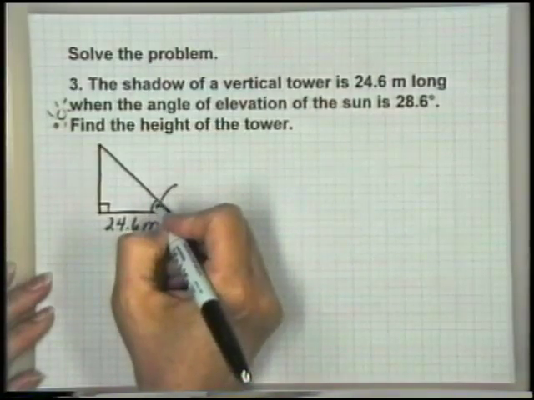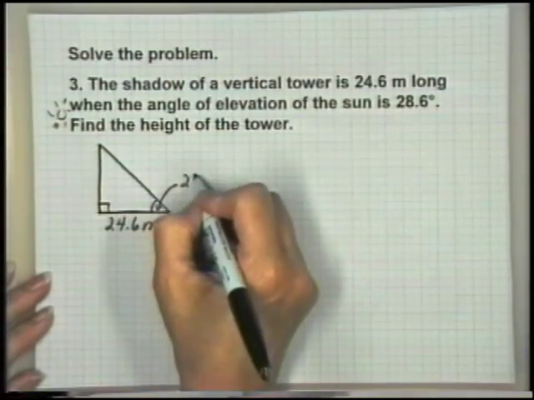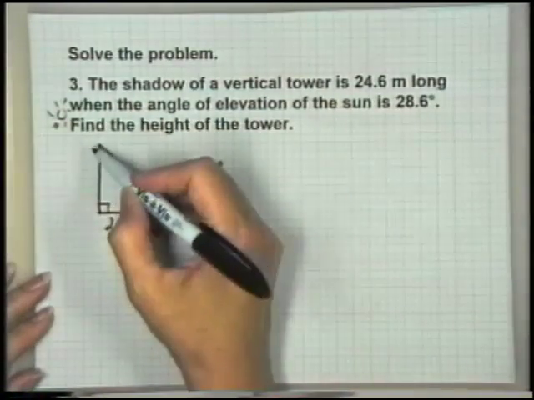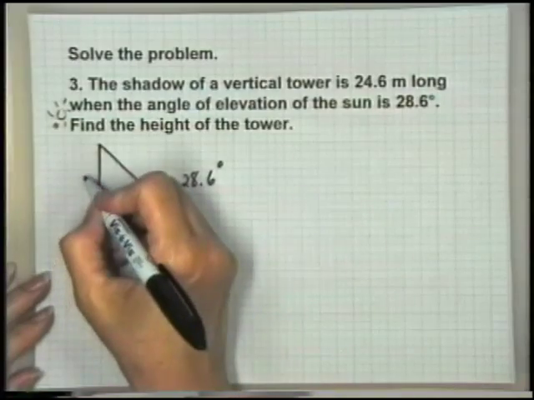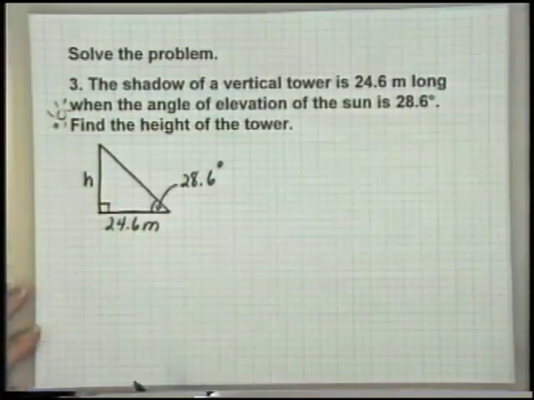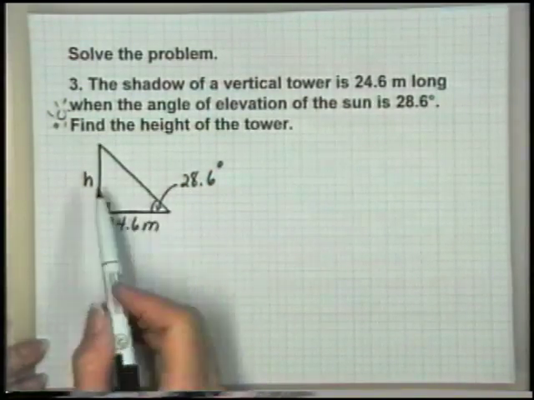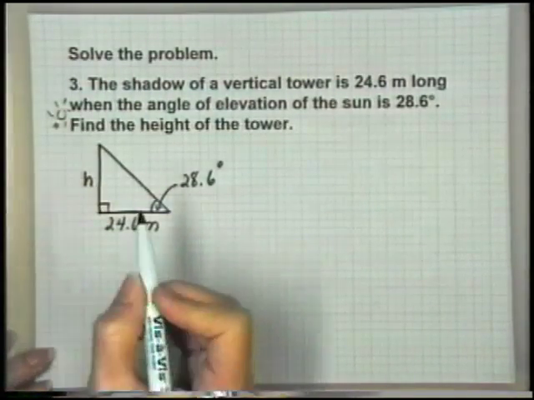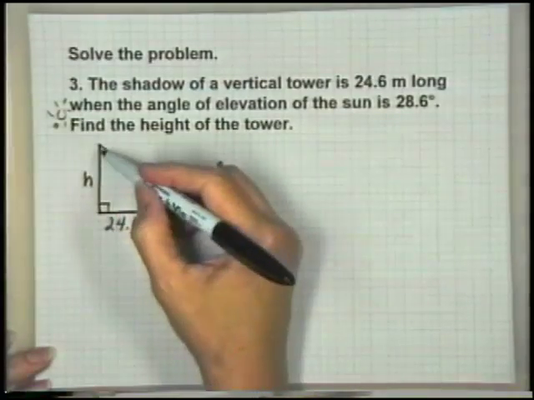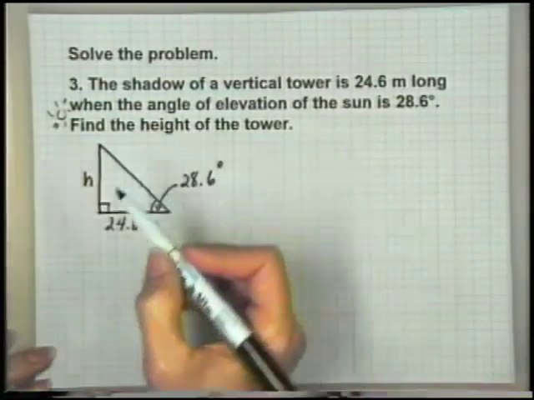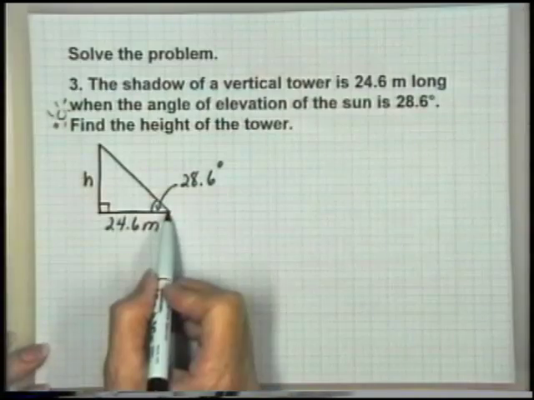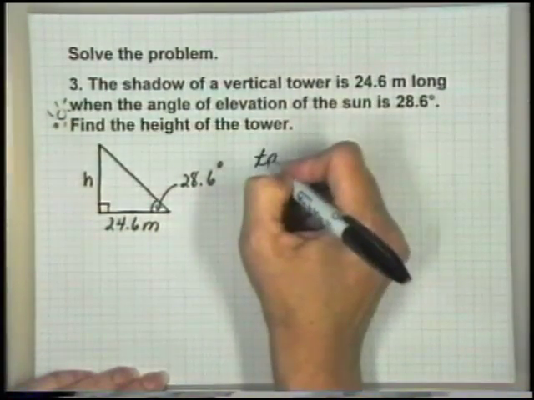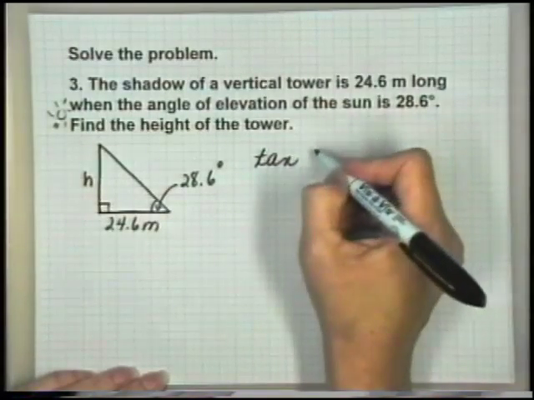So we know that that angle is 28.6 degrees, and what they want us to do is to find the height of this tower, which I'll call H. So let's look at these two parts given and what we're looking for, and let's see how this relates. For this angle, H is the opposite leg. 24.6 is the adjacent leg. So the function that we'll use is the tangent of the angle.